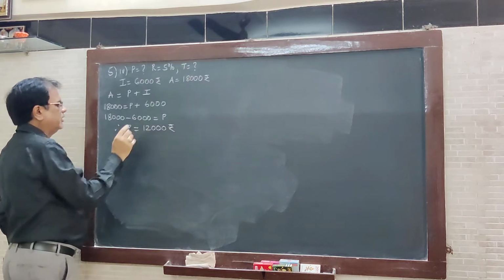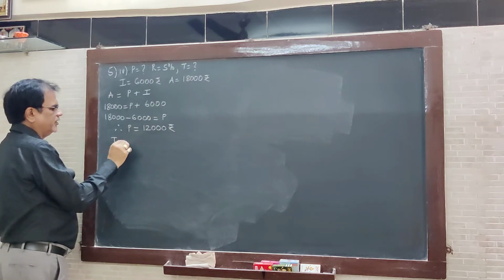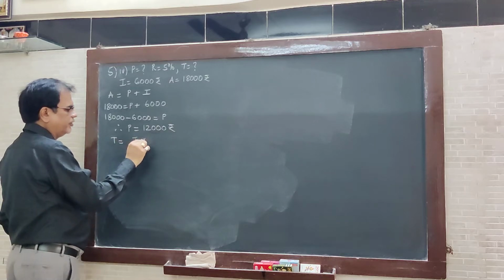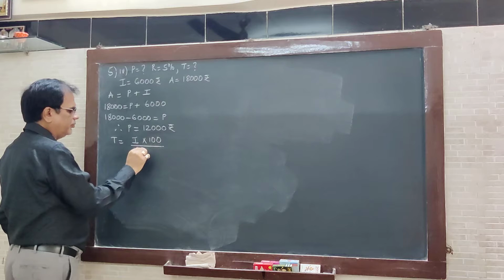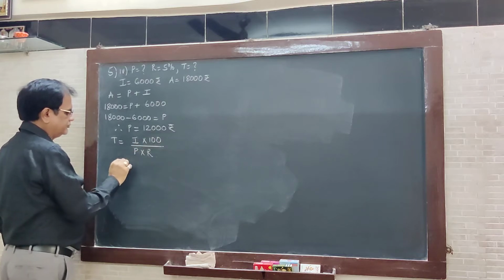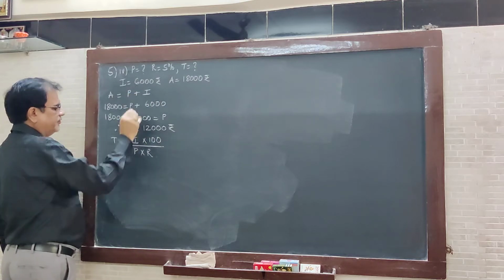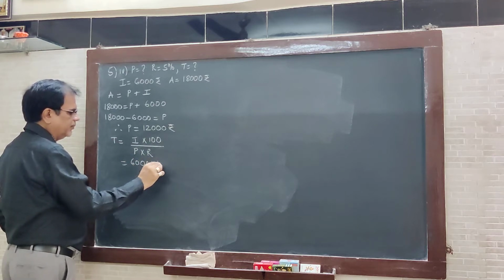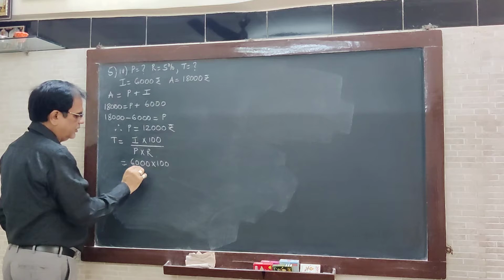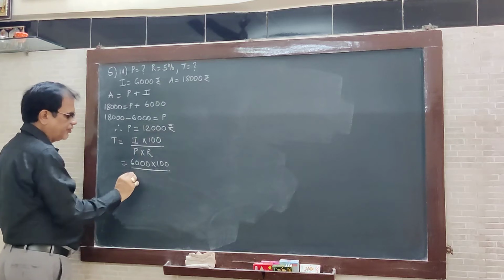Now you have to find out number of years. So T is equal to, I have given you the formula for T, I into 100 upon P into R. I is given to you how much? 6,000 multiplied by 100 upon P, how much you found out?